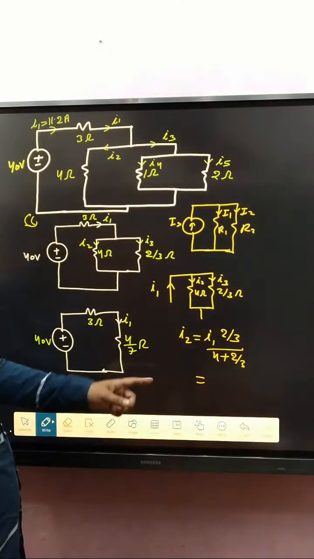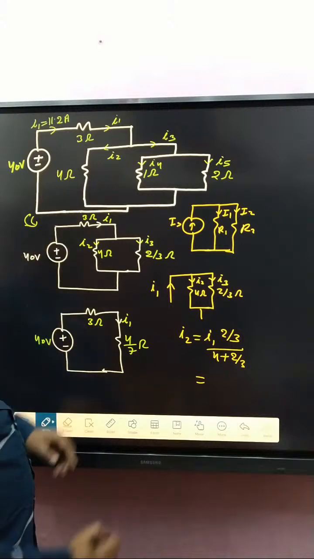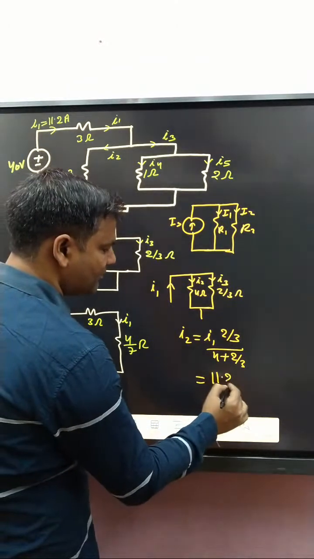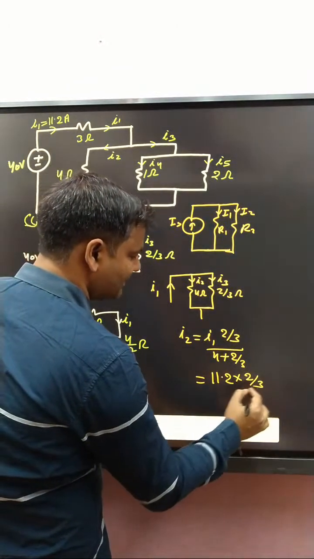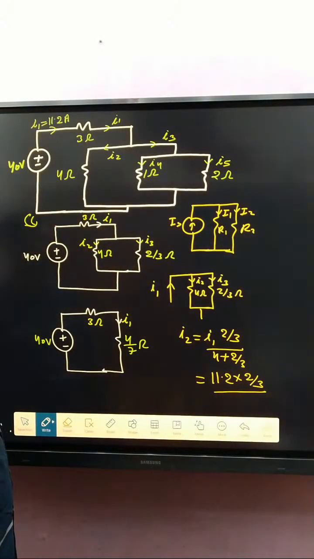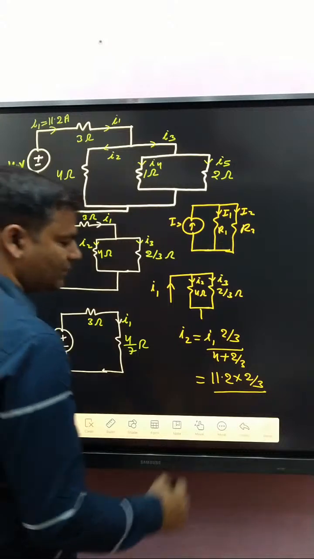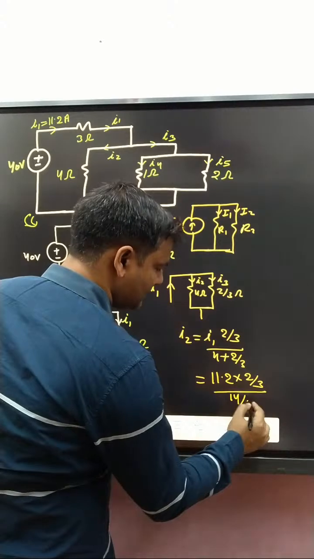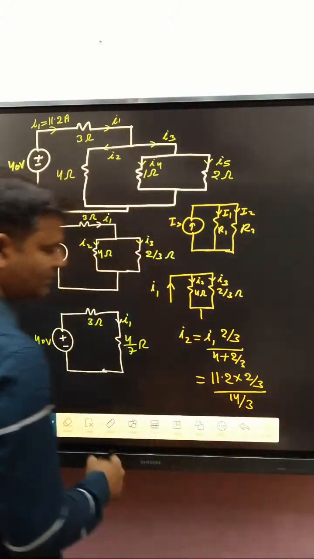Now compare, what about I1? I1 is 11.2. So 11.2 into 2 by 3 whole divided by, take LCM, that is 12, 4 into 3, 12 plus 2, 14 by 3. The 3s cancel out.